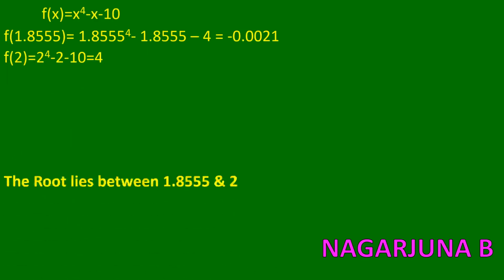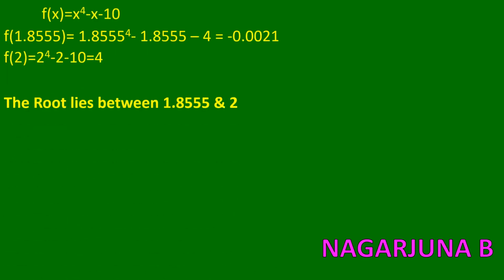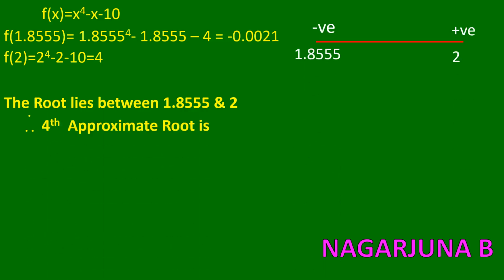Next we shall move on to the next iteration, where the root is lying between 1.8555 and 2. For 1.8555 you have a negative value. For 2 you have a positive value. Therefore for the fourth approximate root, the formula is the same: x is equal to a into f of b minus b into f of a divided by f of b minus f of a.